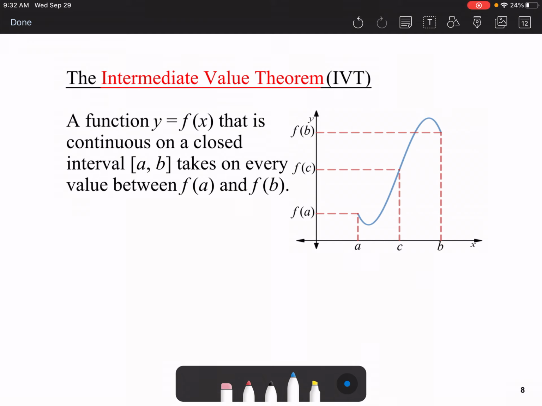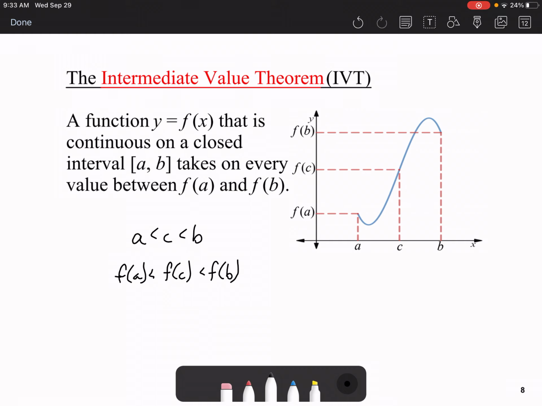So if you have some value c that is between a and b, then f at a is less than f at c, whatever f at c might be, which is less than f at b. So there's actually some values in between there. And this helps allow you to realize that there could be zeros or values in between a high value and a low value.